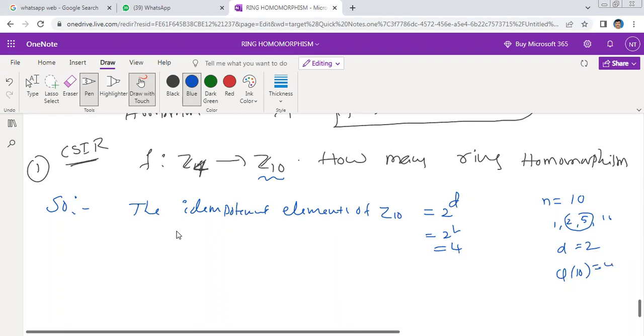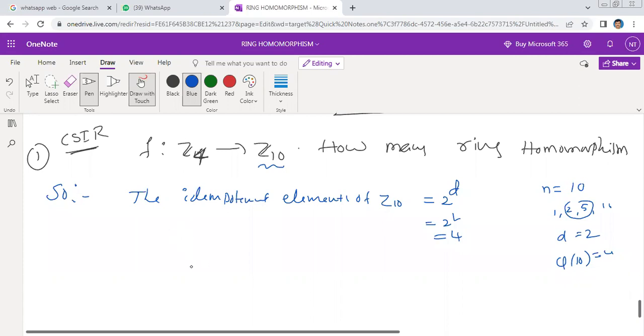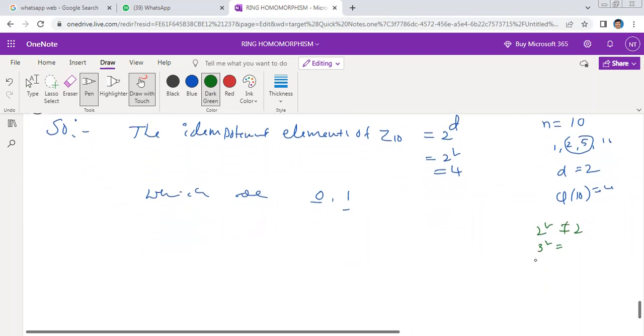Already previously we discussed finding the idempotent elements of the ring Z10, which is 2 to the power d, with 4 of them. Can you identify what they are? 0 and 1 are compulsory. Now, does 2 squared work? No, 2 squared is equal to 4, which is not equal to 2. 3 squared is 9, no. 4 squared is 16, that is 6, no. 6 squared is 36, and 36 is 6 modulo 10, yes. 5 squared is 25, which is 5 modulo 10.